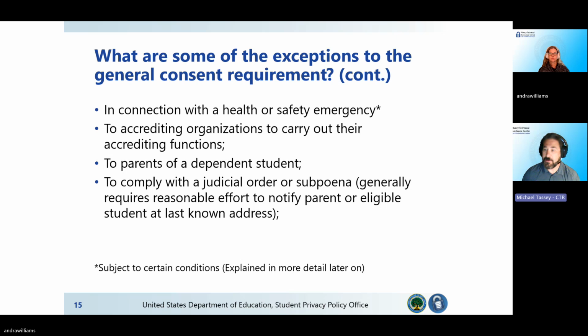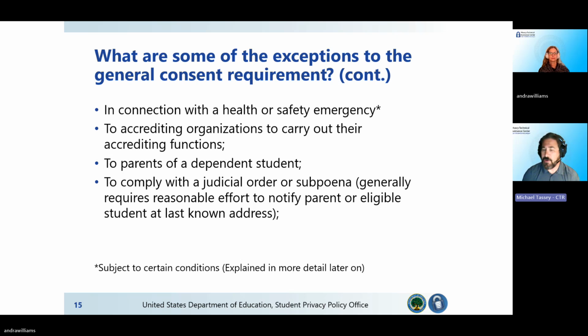In a post-secondary situation where the FERPA rights have similarly transferred to the student, the parents may be authorized to receive that information. Authorized and permitted, not required, if they are a dependent on those parents' federal income tax forms, or to comply with a judicial order or a subpoena.